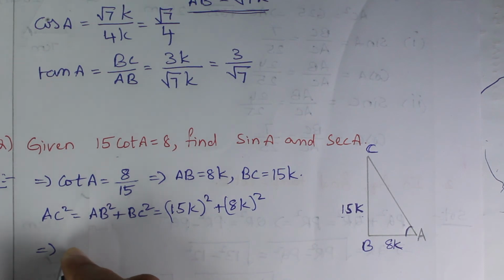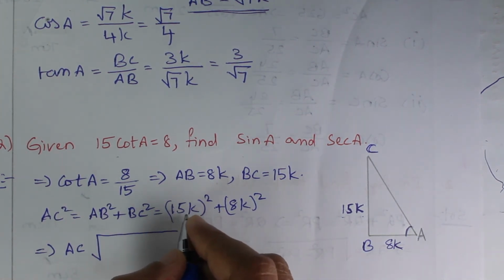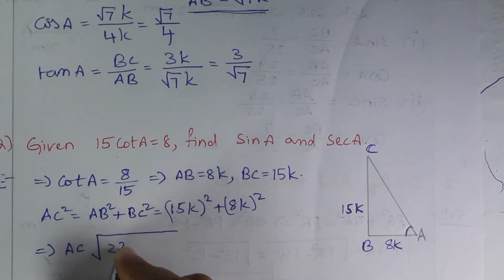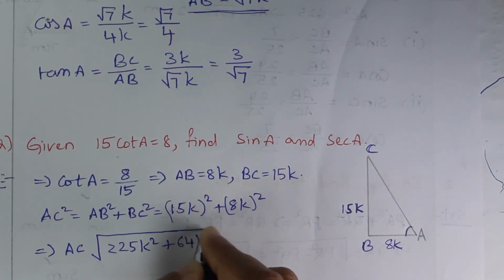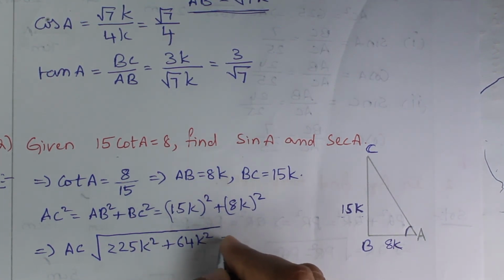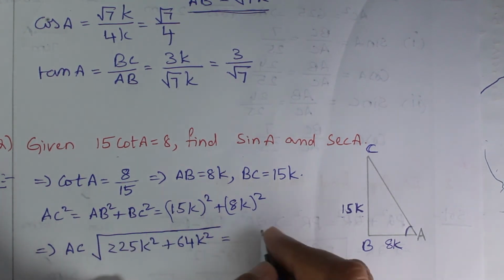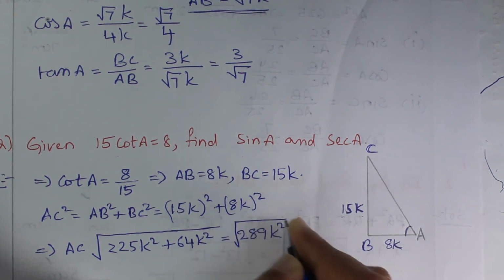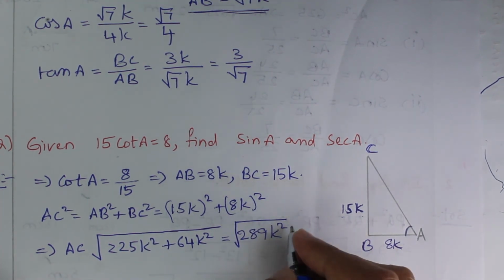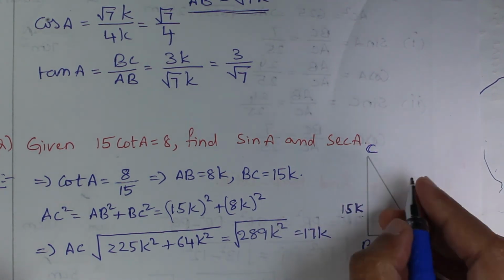That implies AC is equal to square root of 15 square is 225k square plus 8 square is 64k square, that is equal to 289k square. Square root of 289k square is equal to 17k. So the hypotenuse value is 17k.